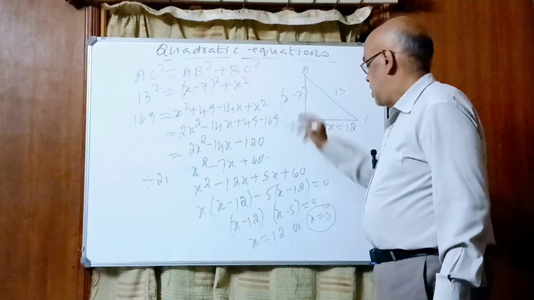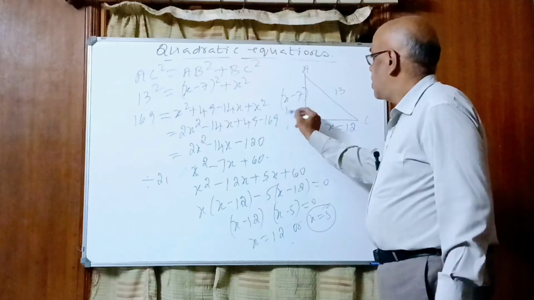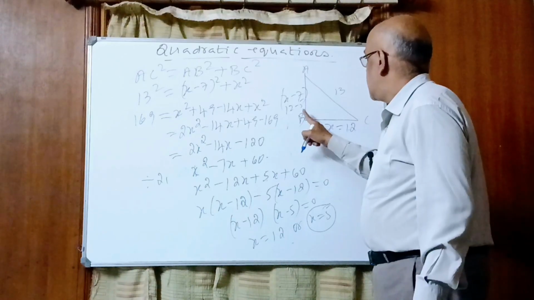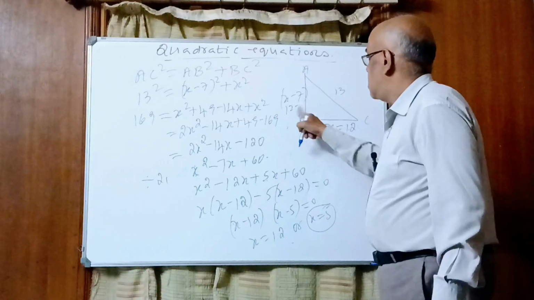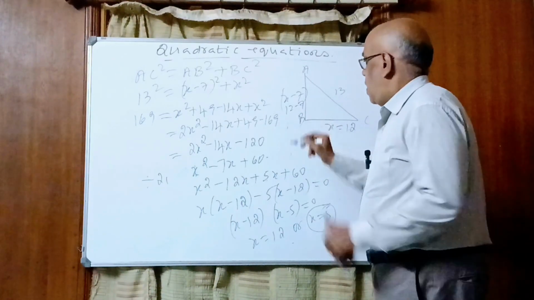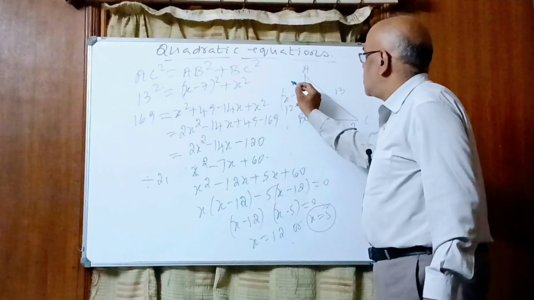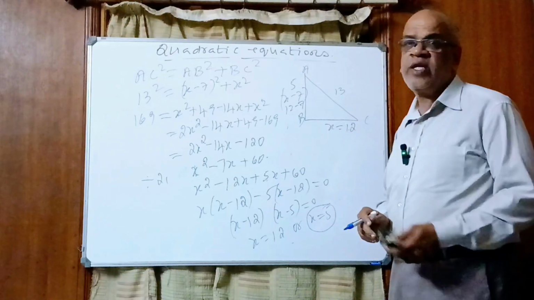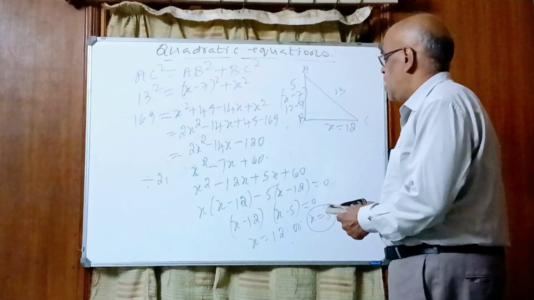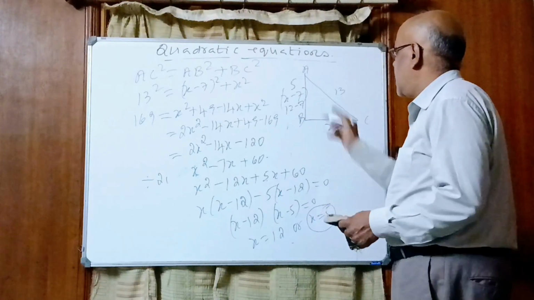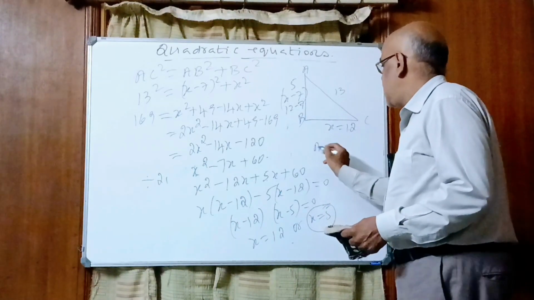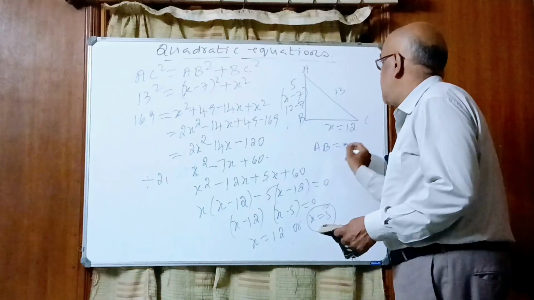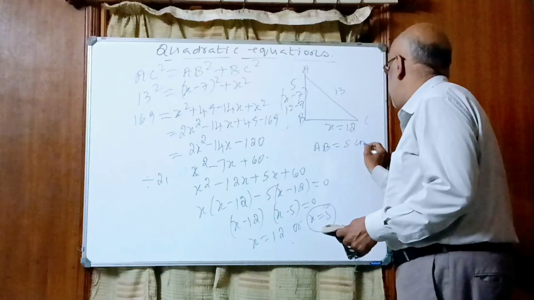12 minus 7 is what? 5. 5, 12, 13, they form a Pythagorean triplet. So, this is our answer. What is the height? Height AB is 5 centimeters.